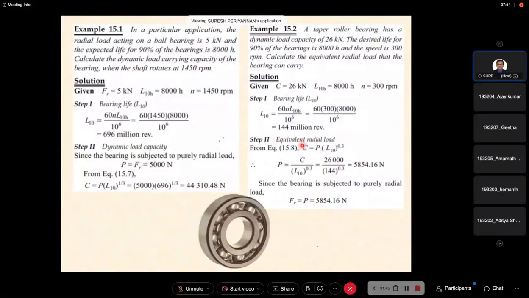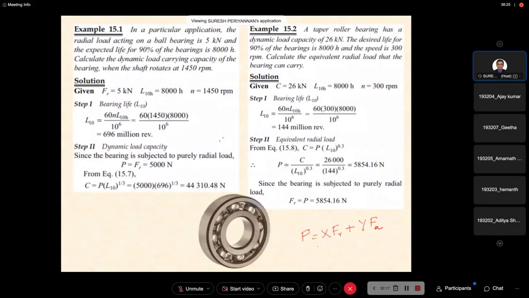Then we would like to find out this first. C is equal to P into L10 to the power 3. From this relation we have found our equivalent dynamic load, which we already did. Equivalent dynamic load is nothing but X into FR plus Y into FA.